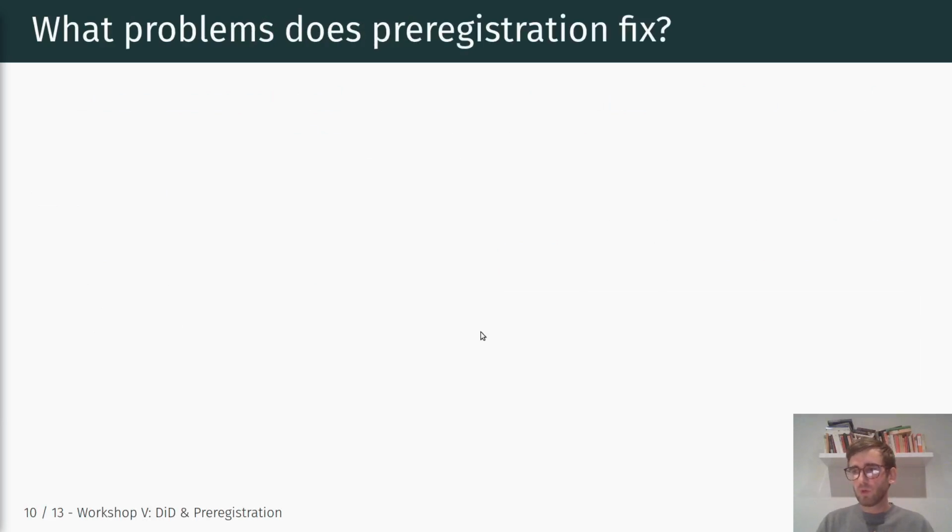So next, what problems really? I mentioned a bunch of problems in the beginning. What problems does pre-registration actually fix? The first problem is related to publication bias, and that's what we call the file drawer effect, which means that selective publication ultimately occurs, oftentimes based on statistical significance, right? It's a tendency to publish positive results but not publish negative or non-confirmatory results because for the journal they seem less interesting, for example, right?